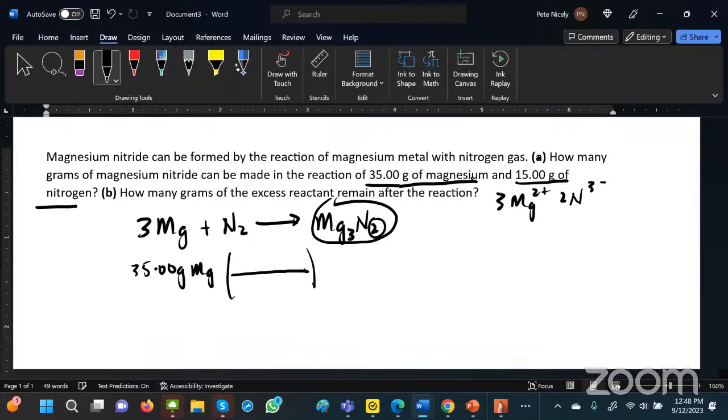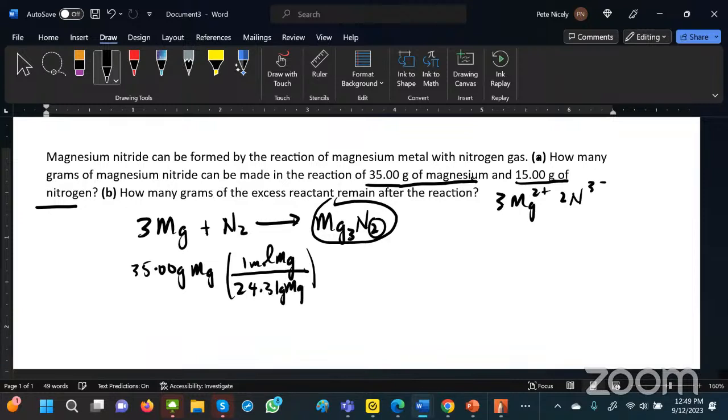So first thing we need to do is convert from grams of magnesium to moles, which means that you're going to have 1 mole of magnesium above, and then the molar mass of magnesium, which is 24.31 grams.